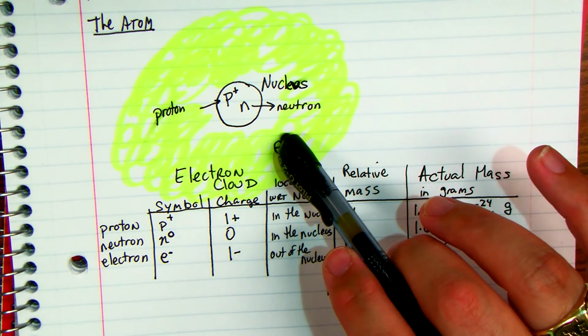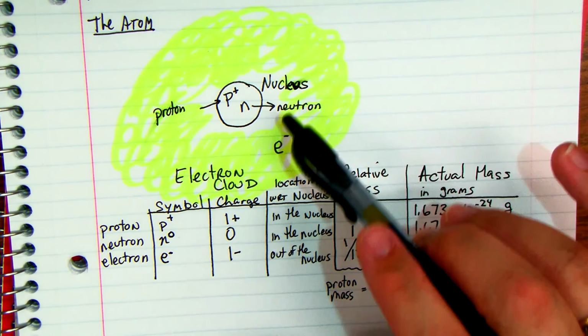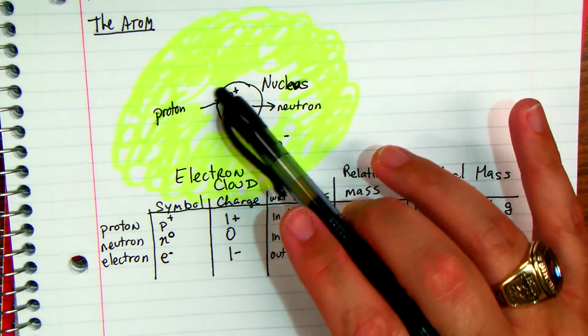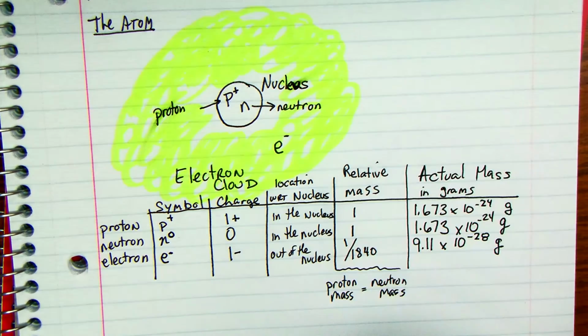And I'll give you one hint. Electrons and protons, they're like twins. If there's a proton, there's an electron. Especially when the element is stable and isn't positively or negatively charged, when it doesn't lose an electron or gain an electron, which can happen, the protons and the electrons are going to stay the same.